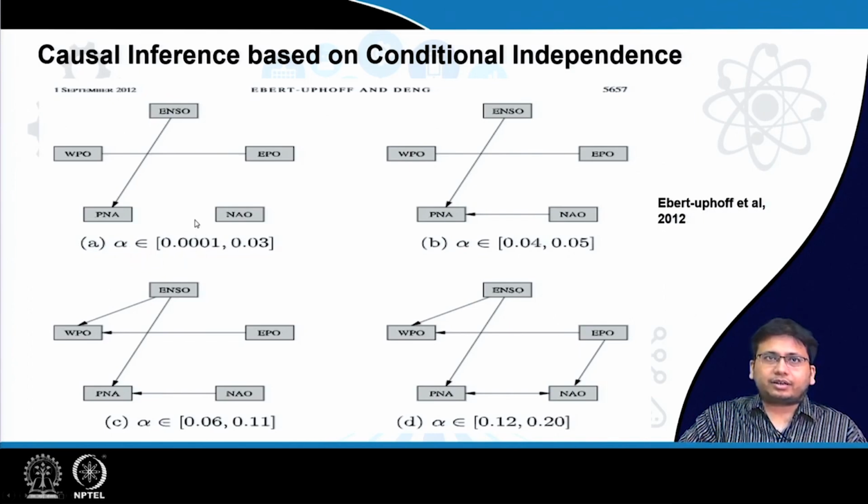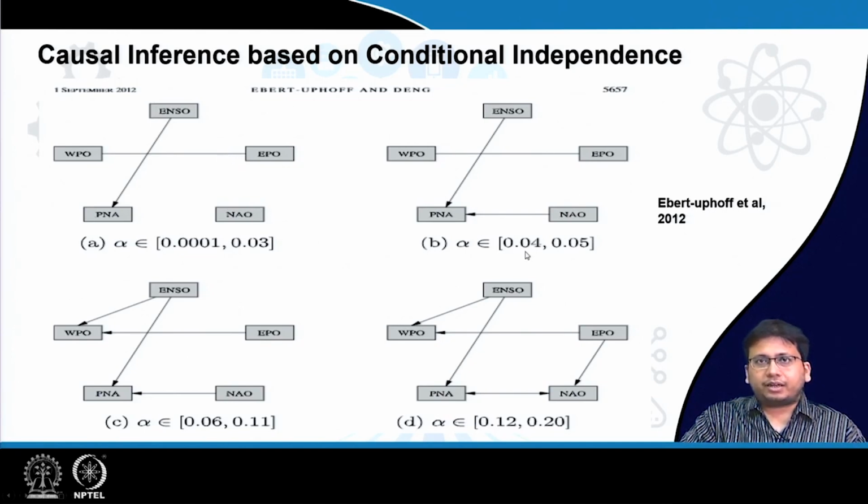In the paper which we are discussing, for very small values of alpha like this, we have only 2 edges in the graph. This edge, as you can see, is an undirected edge, which means that there is some kind of relation between them, but we are unable to identify which is the cause and which is the effect.